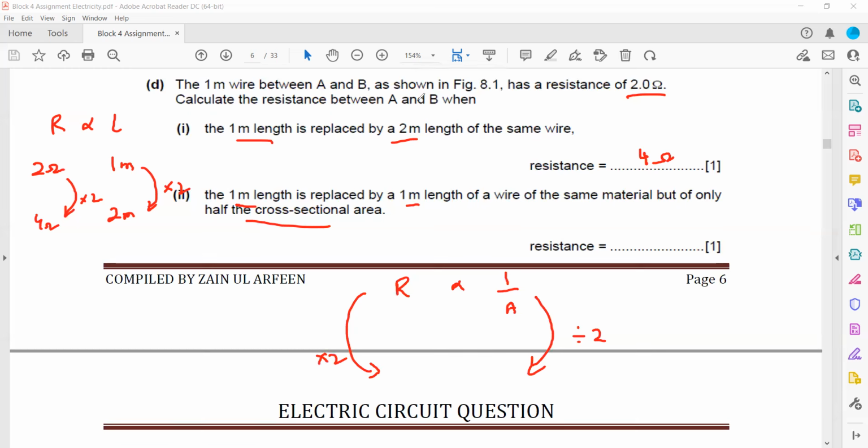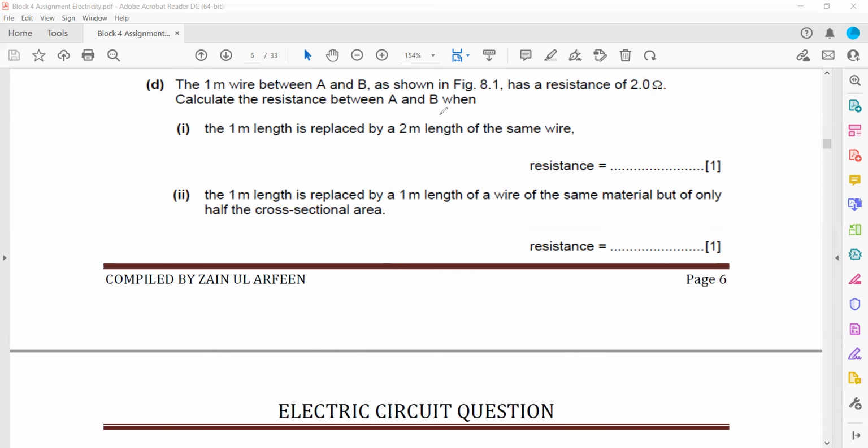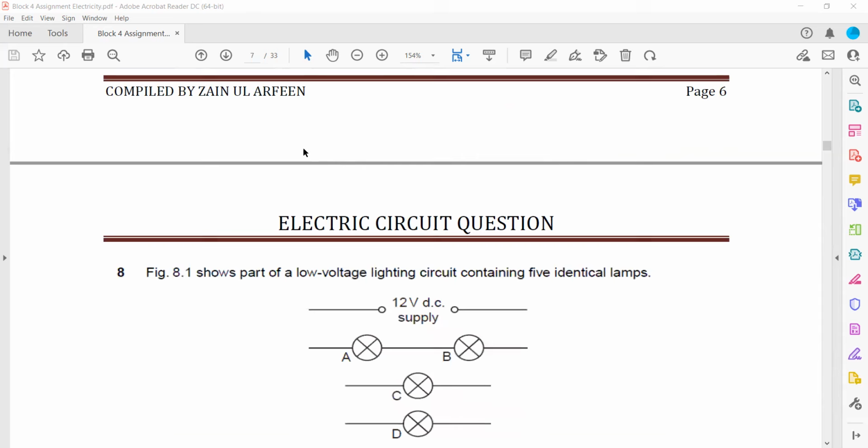So if originally it was 2 ohm, then 2 multiplied by 2, the new resistance will be 4 ohm as well. As you decrease the cross sectional area, resistance increases. As you increase the length, resistance also increases. So with length, resistance is directly proportional, and with area, it is inversely proportional.